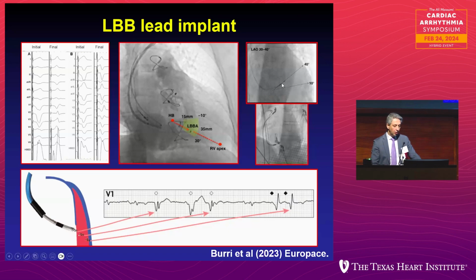In LAO, this is usually accomplished with septal sheaths that direct the lead toward the septum, and you like the tip of the lead to be pointed toward 1 or 2 o'clock.